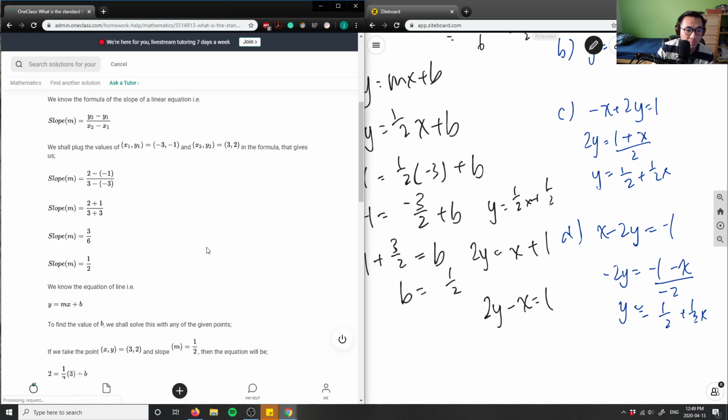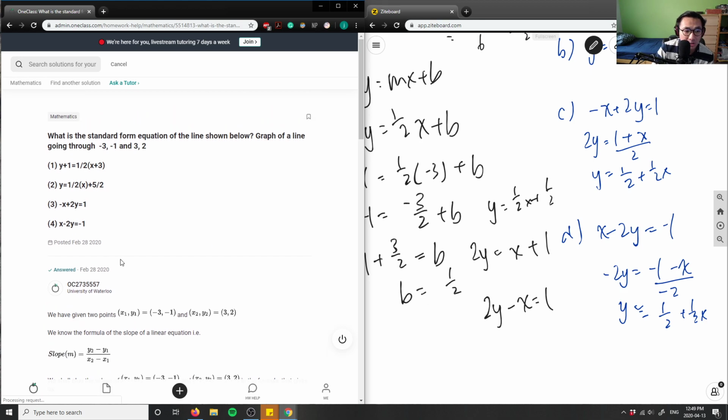So if I look at my values here, 2y minus x equals 1 doesn't really look like a lot of these ones here. 2y minus x, you could rewrite this as negative x plus 2y.